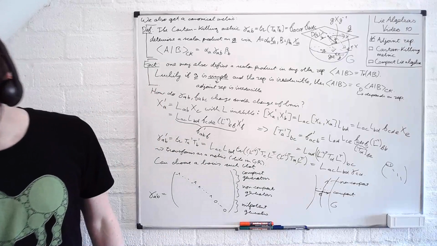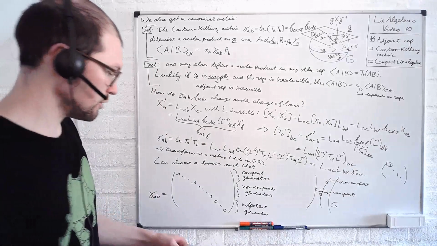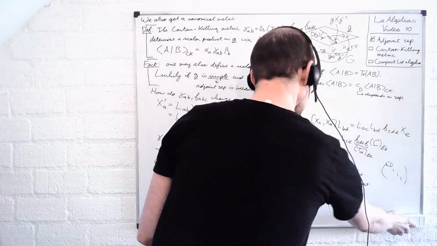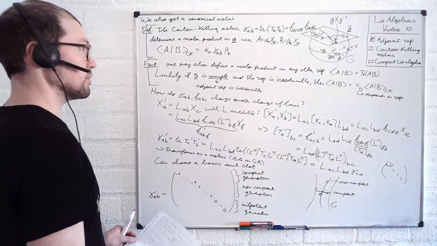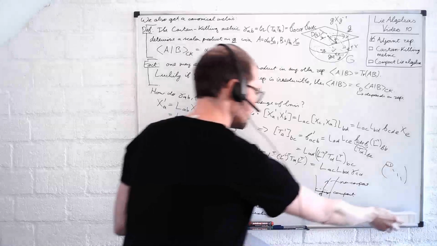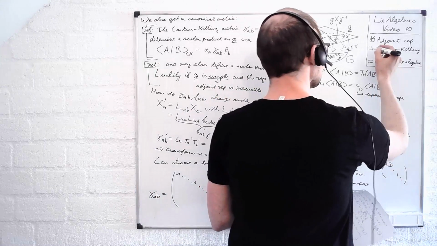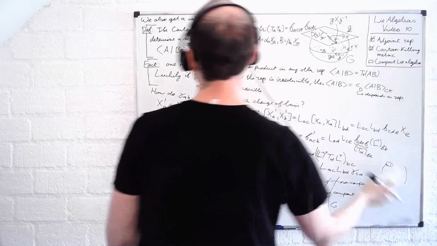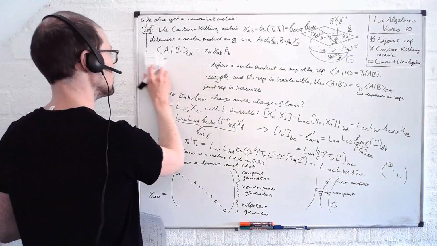And this classification of generators is quite useful, because it tells you something about the compactness of the group. So now we're getting to the final point of this video.